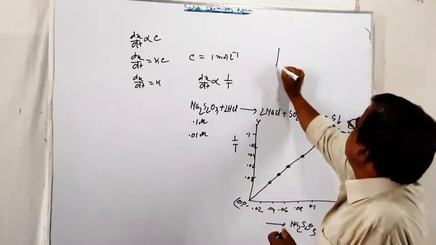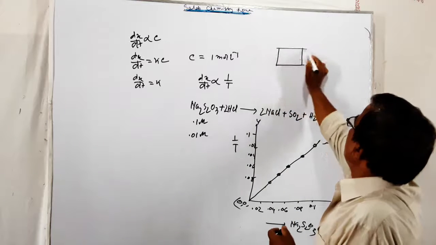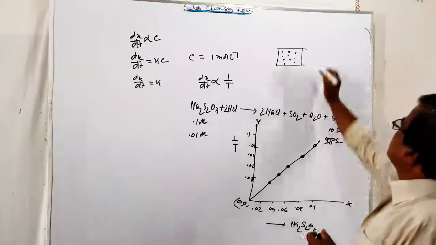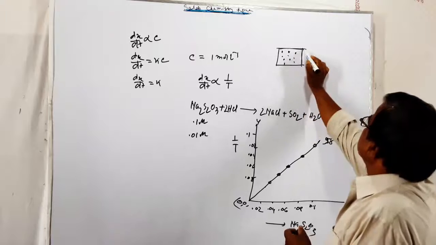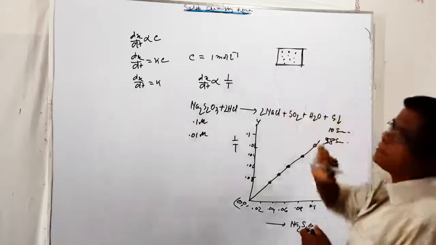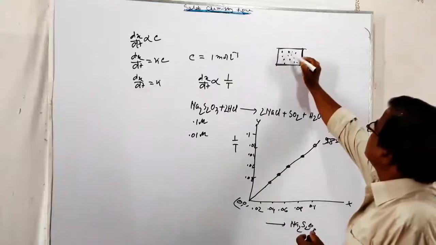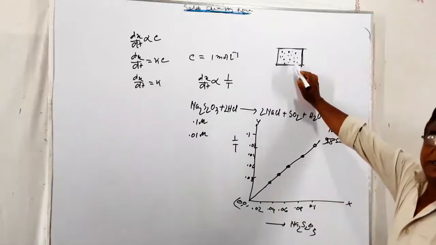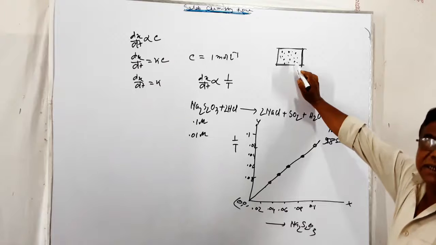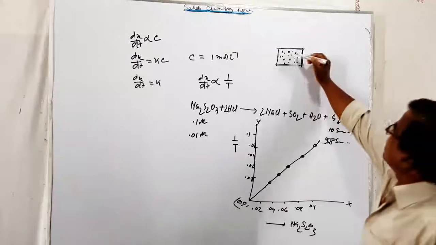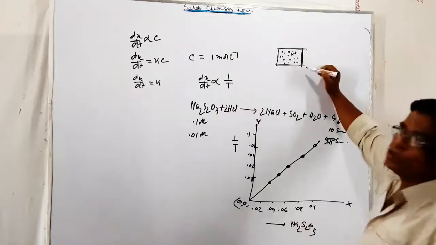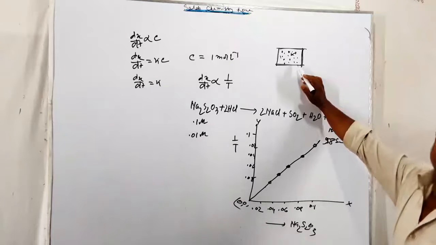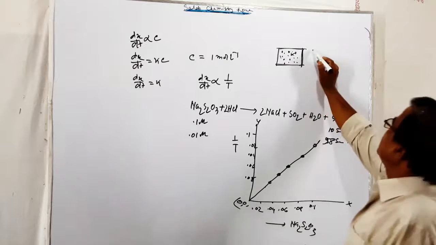Because in a unit volume, when the concentration increases, the amount of the substance is high, that is, the number of molecules of the substance increases, so the collision with each other also increases, so the rate of reaction also increases.